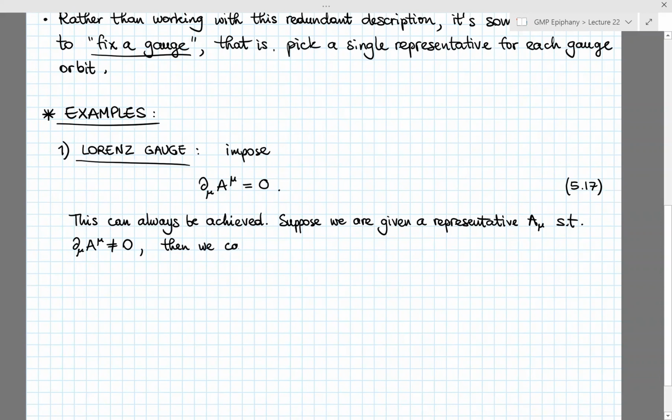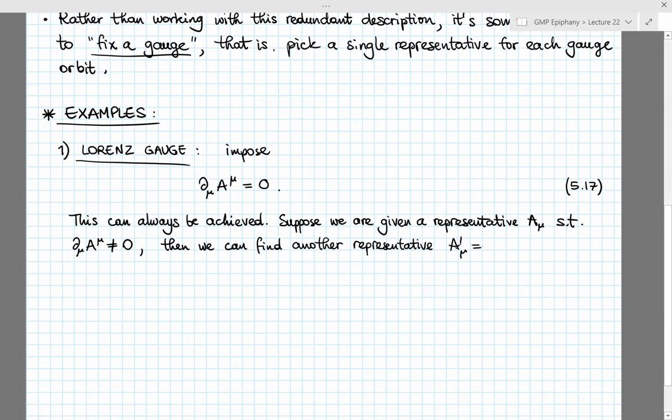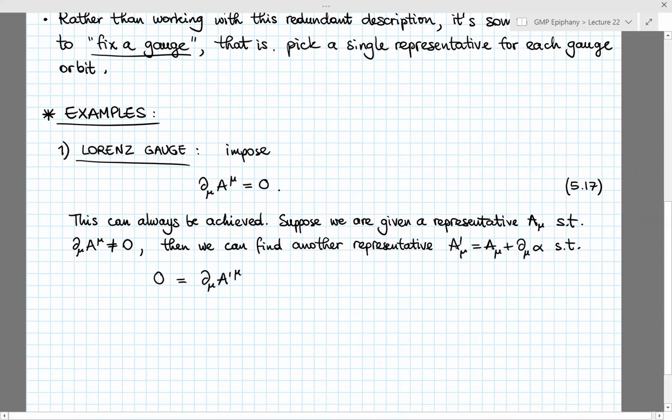Then we can find another representative of the same gauge orbit, A prime mu. So it's in the same gauge orbit, which means that it's related to A mu by a gauge transformation, such that this new representative obeys the Lorentz gauge constraint. So why can we always do that? Well, the reason is that I can use the definition of A prime mu that's related to A mu by the gauge transformation.